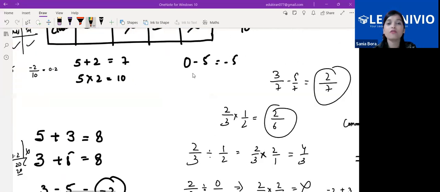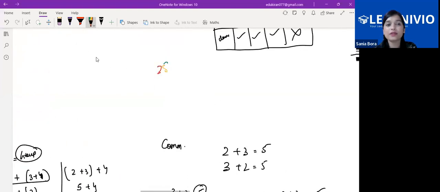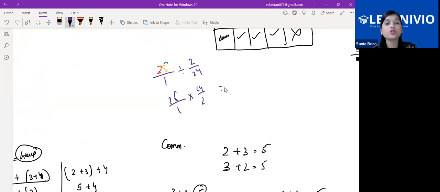Let's see why. For example, 25 by 1 divided by 2 by 24. So 25 by 1 multiplied by 24 by 2. When you solve it, you will get the answer in decimal.